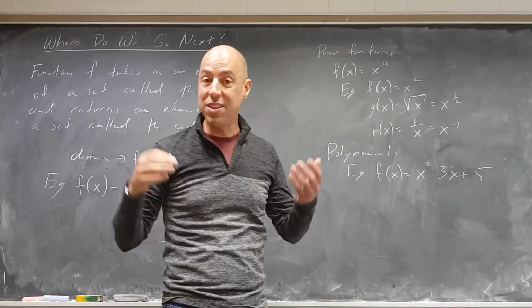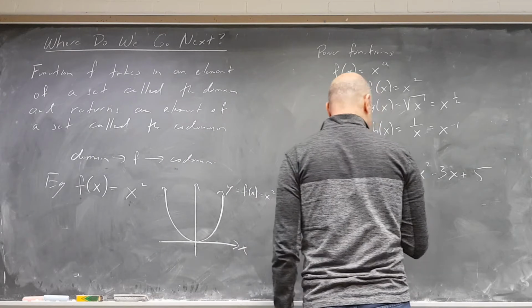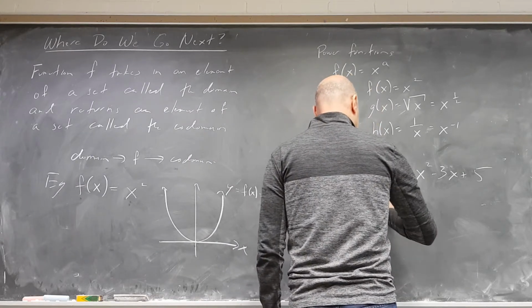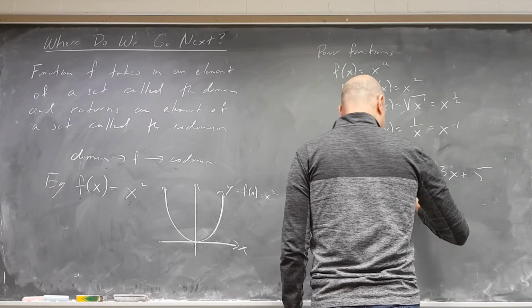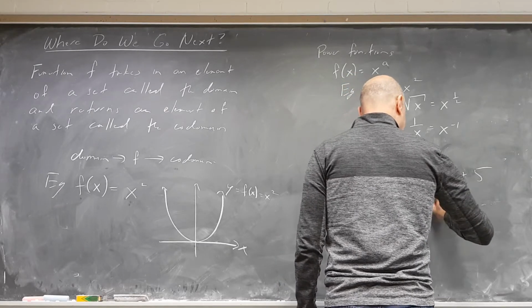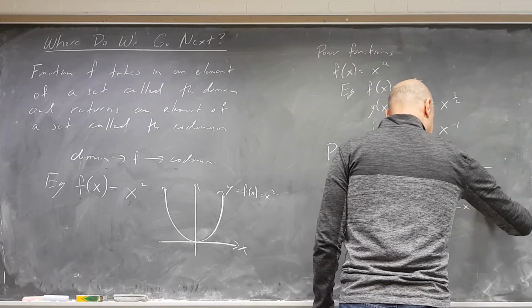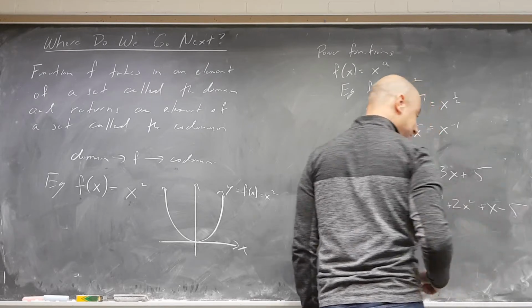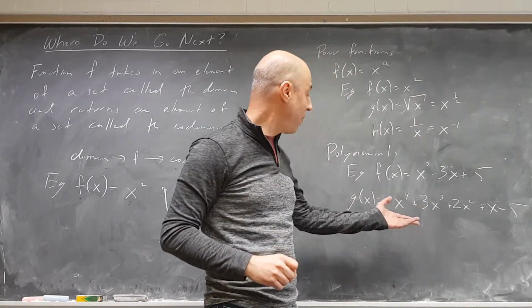You know right away that this parabola is right side up. We can have polynomials of higher degree. G of x equals, let's say, minus x to the 4th plus 3x cubed plus 2x squared plus x minus 5. Perfectly nice 4th degree polynomial.